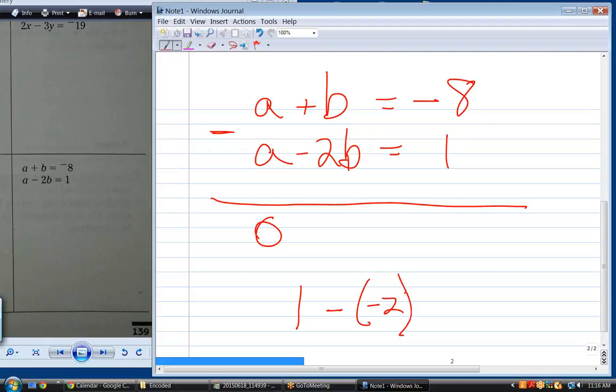So what's 1 minus minus 2? 3. Positive 3. Then it's just negative 8 minus a 1.